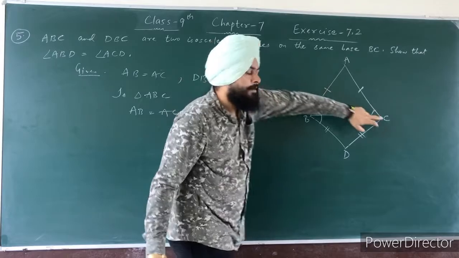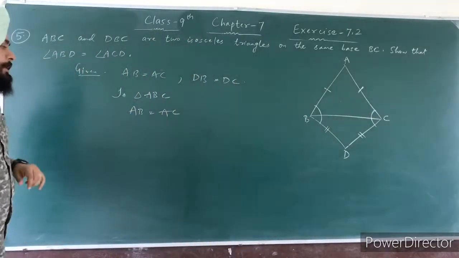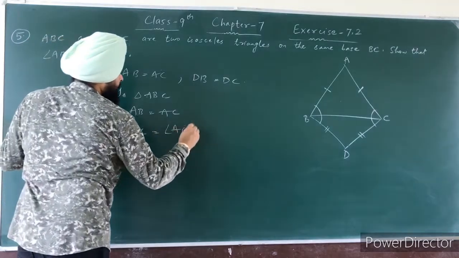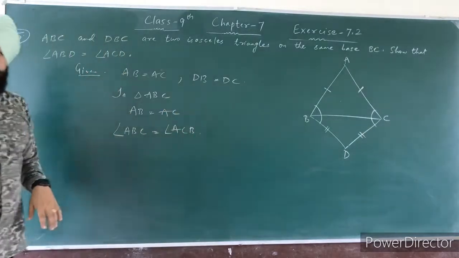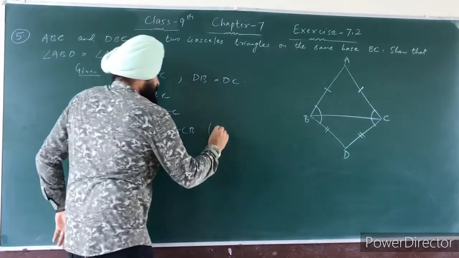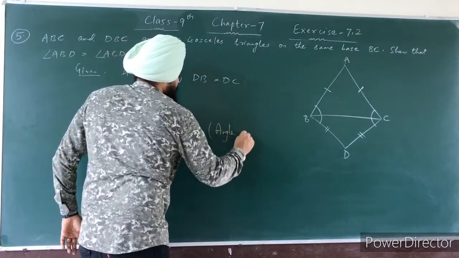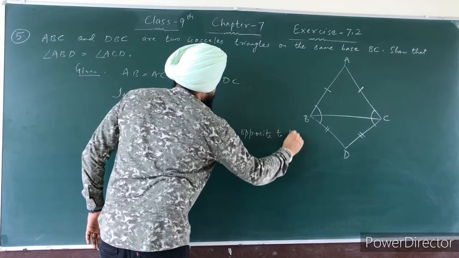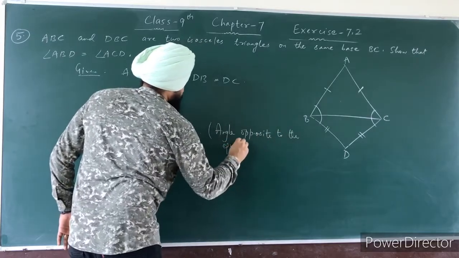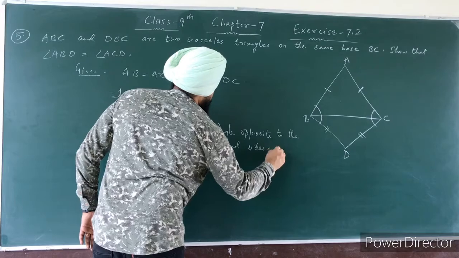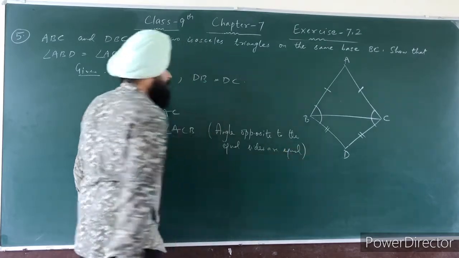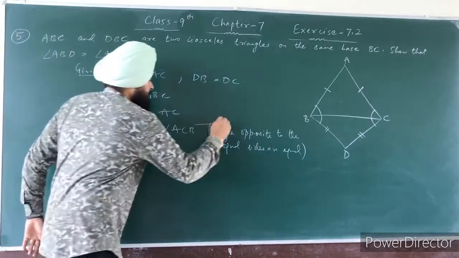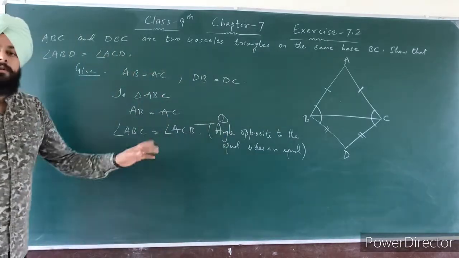Angle ABC. So it is also equal. So you can write here angle ABC equal to angle ACB. The result is: angles opposite to the equal sides are equal. Okay, so this is your equation number 1.